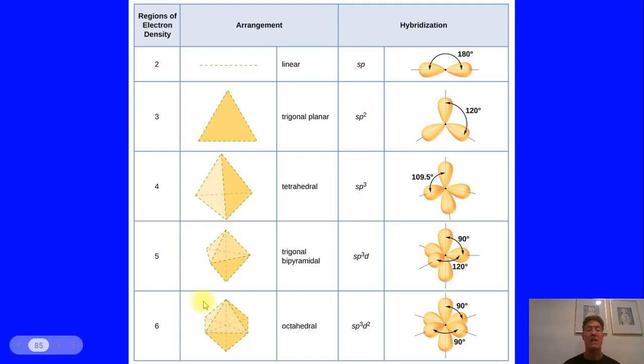So that is your breakdown here. Just count these out. sp, that's 2. sp2, that's 3. sp3, that's 4. sp3d, that's 5, and so on. Again, great visualization here of the bond angles that you get.